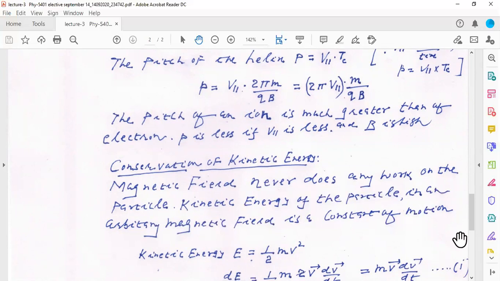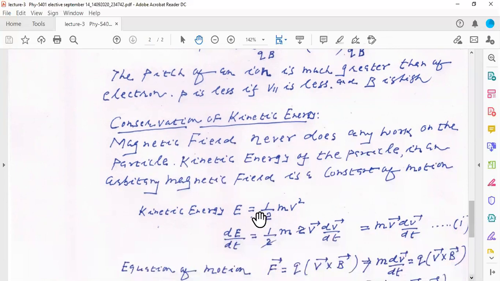So I have this expression, kinetic energy is equal to half mv squared. Now we want to show that the kinetic energy is remaining constant, that there is no variation. So I take the time derivative of the kinetic energy, dE by dt.